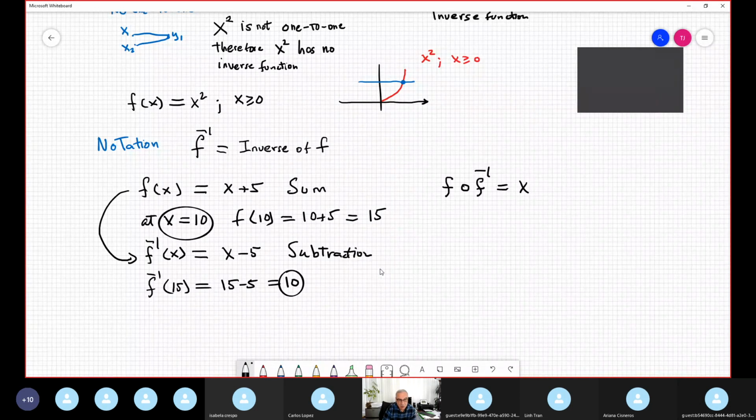When you do both together in composition, one first and one second, you start from one specific original number. Sorry, I forgot the argument. Parenthesis x, and the answer is x.